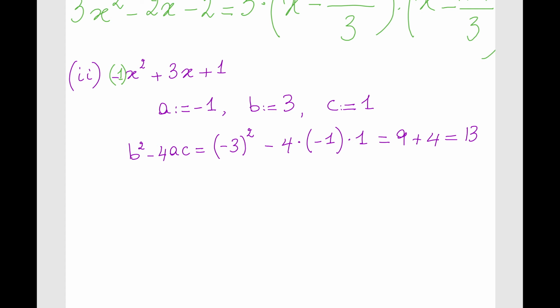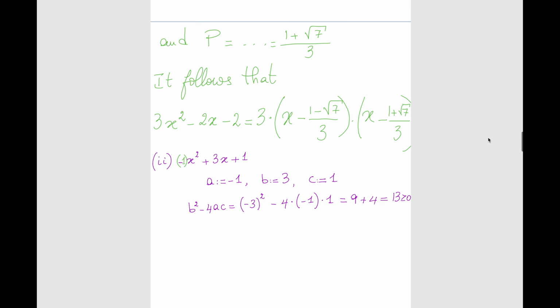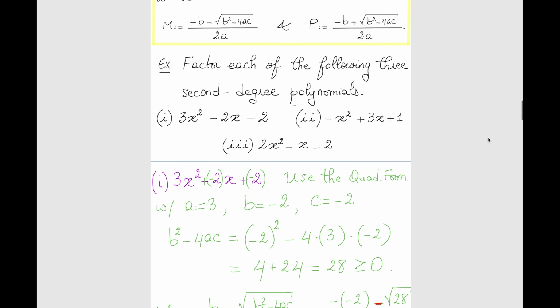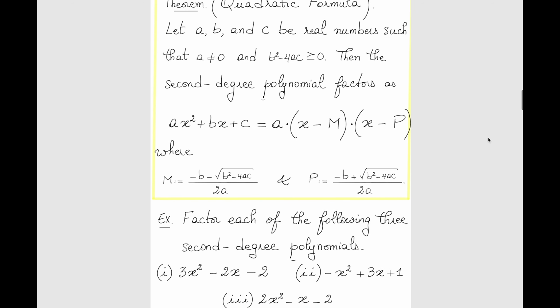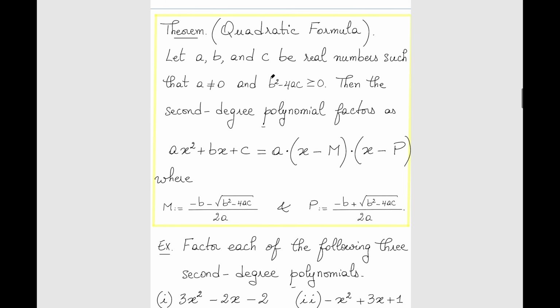And 13 is certainly bigger than or equal to 0. So the conditions of the quadratic formula are verified, right? Namely these two guys. They are verified. As such, I can apply it. So I can apply the quadratic formula because the requirements to use it are checked.